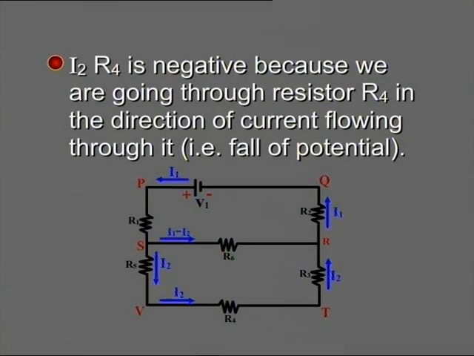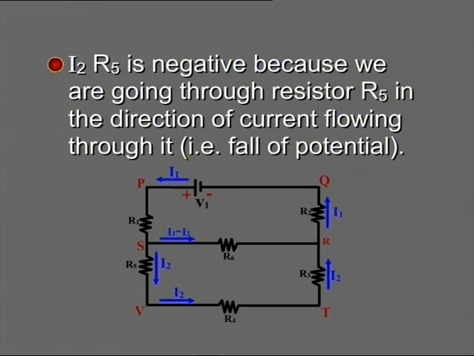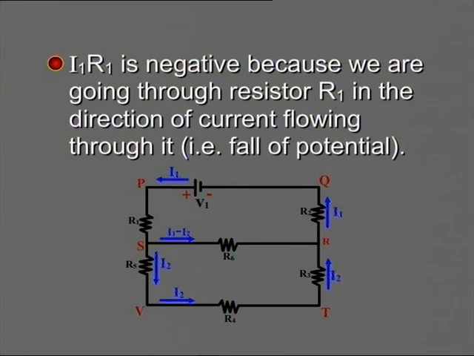I2 R4, I2 R5 and I1 R1 are negative for the same reason, since we go through each resistor in the direction of current, that is fall of potential. Using these three equations, the unknown current and resistance can be determined.